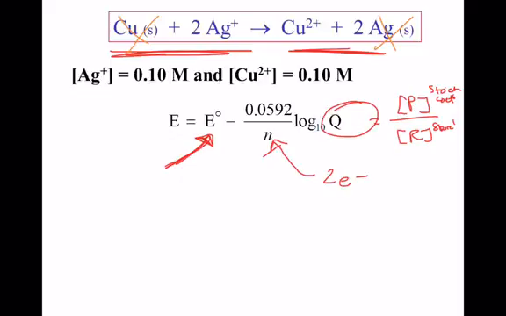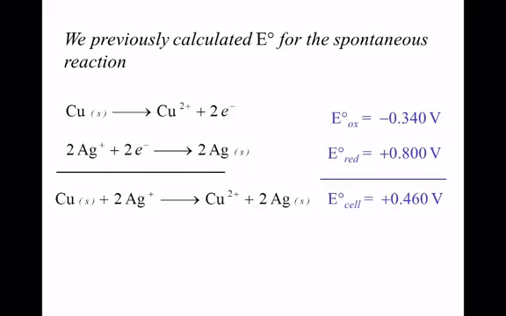Sorry, why is the N 2 electrons? If you go back to the previous slide, did you see the 2 electrons there? I do, but I don't understand why. This goes with what we did yesterday. We said that the number of electrons given up has to be equal to the number of electrons taken in.